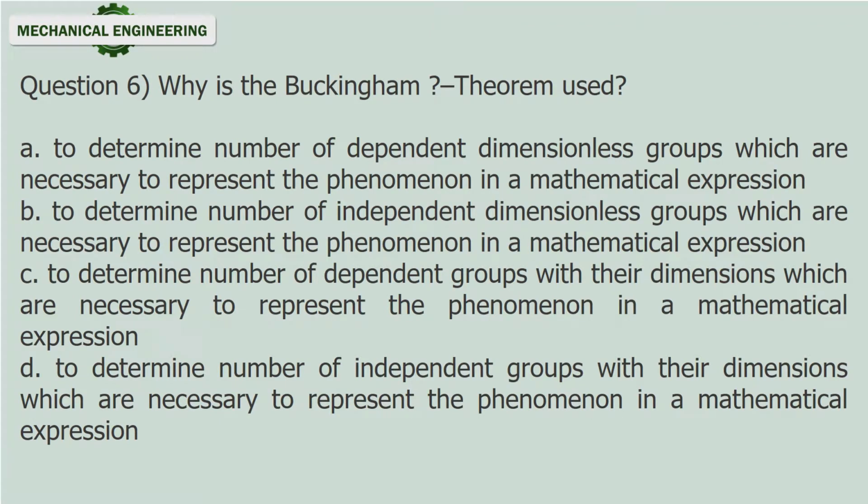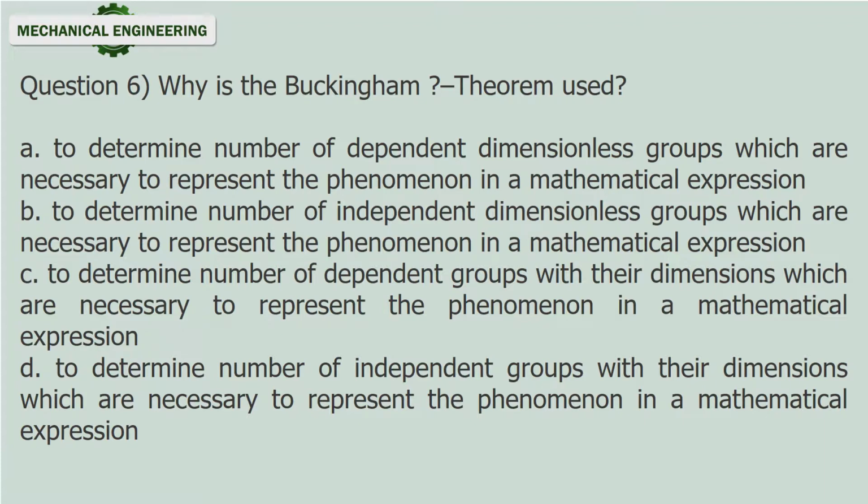Question 6. Why is the Buckingham theorem used? A. To determine number of dependent dimensionless groups which are necessary to represent the phenomenon in a mathematical expression. B. To determine number of independent dimensionless groups which are necessary to represent the phenomenon in a mathematical expression. C. To determine number of dependent groups with their dimensions which are necessary to represent the phenomenon in a mathematical expression.